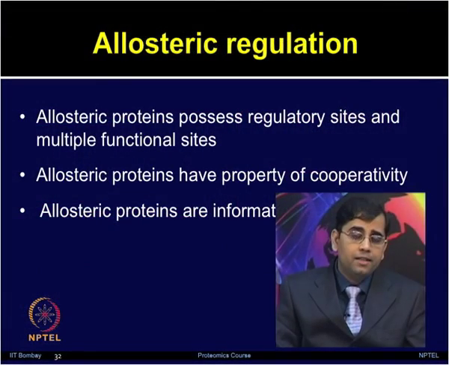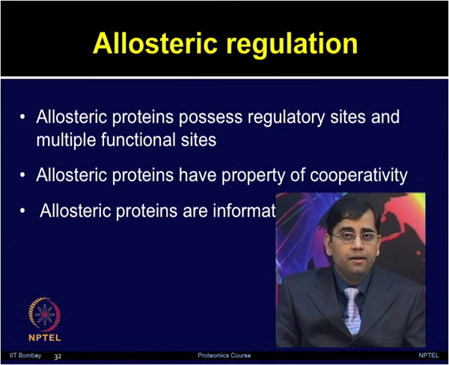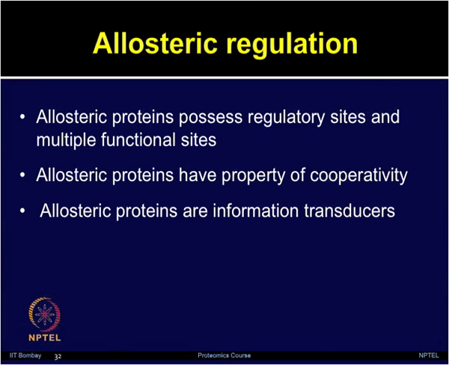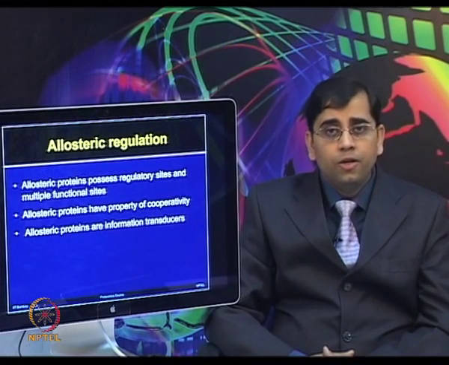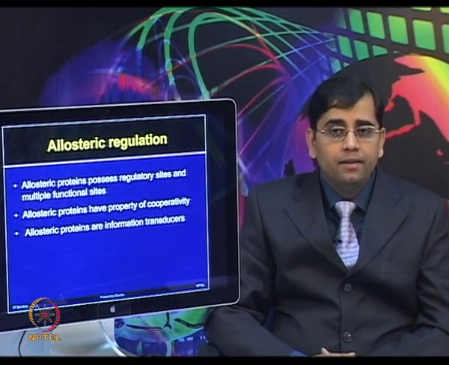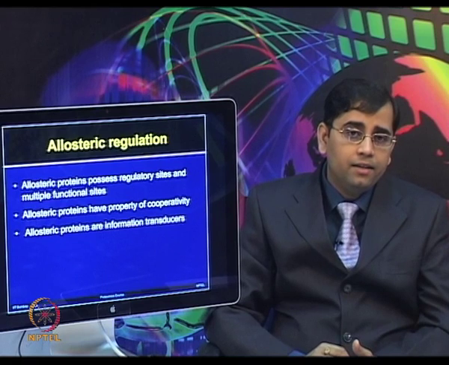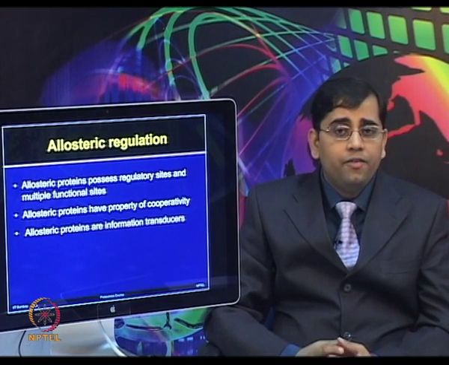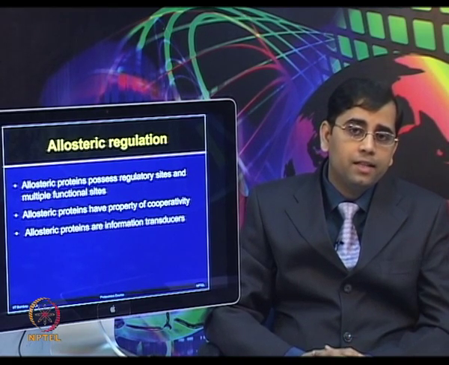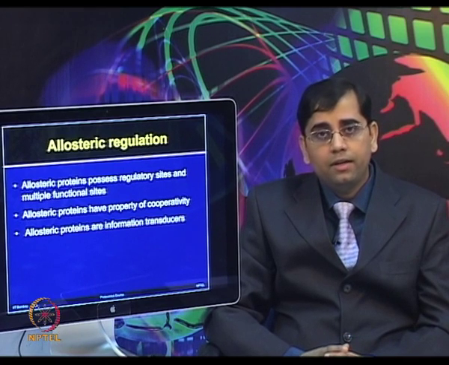The first strategy is allosteric regulation. The allosteric proteins possess regulatory sites and multiple functional sites. The activity is modulated by specific regulatory molecules. These regulatory molecules bind at a different site than the active site and trigger conformational changes which are transmitted to the active site.